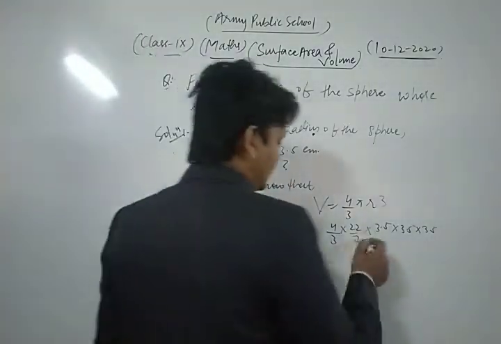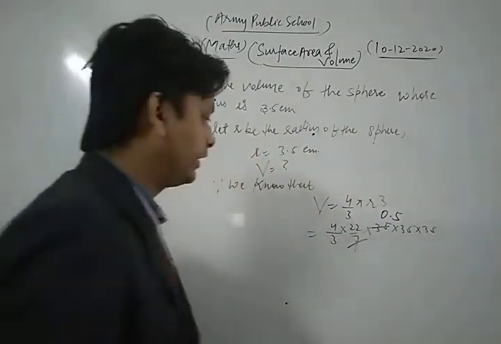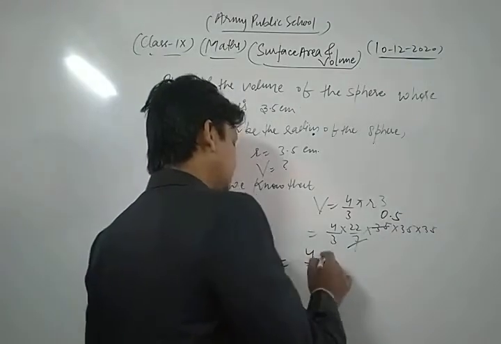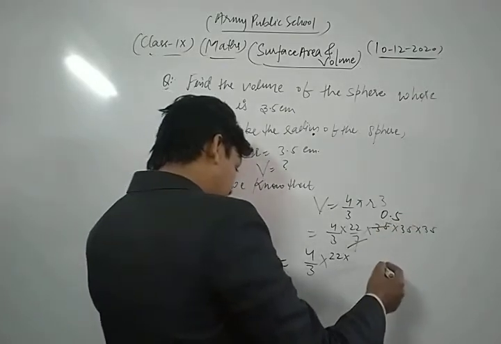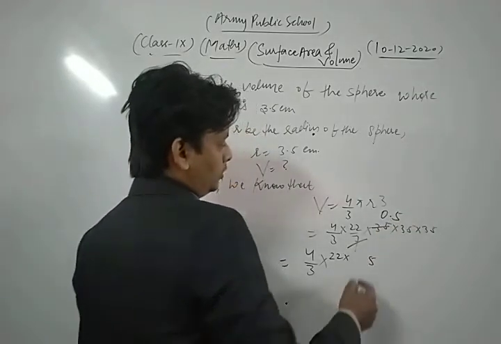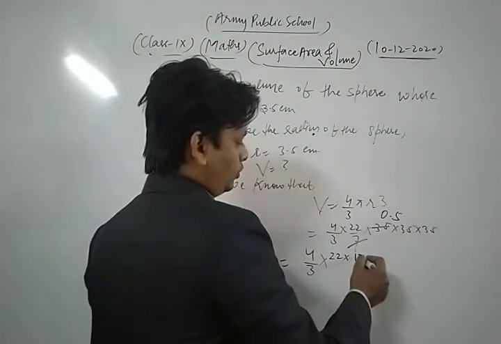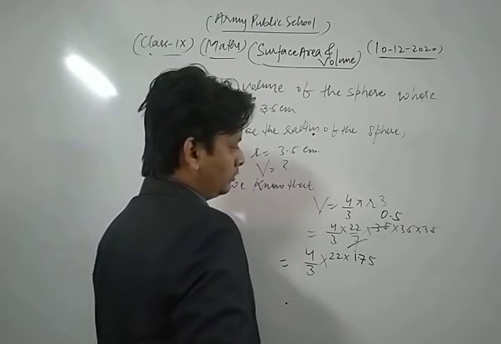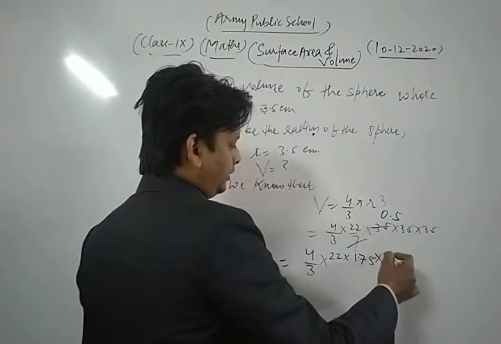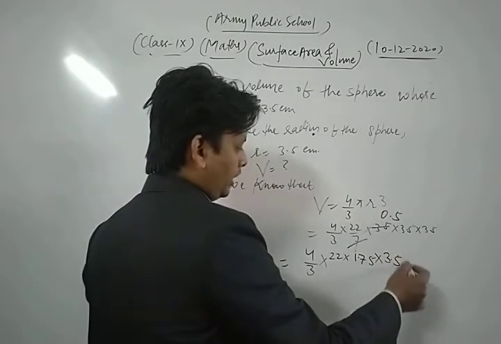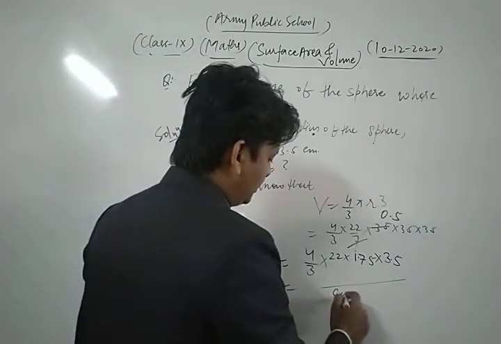So after solving, 7 times 5 is 35, so 0.5 is left here, and we get 4 by 3 into 22 into 0.5 into 5, which gives 1.75 into 3.5. Now dear students, after simplifying them, you get your result in centimeter cube.